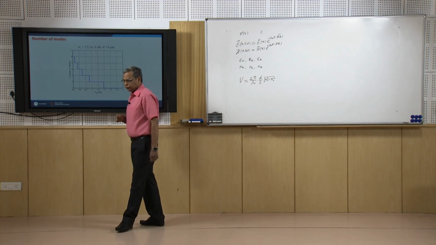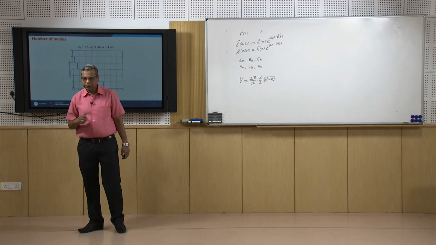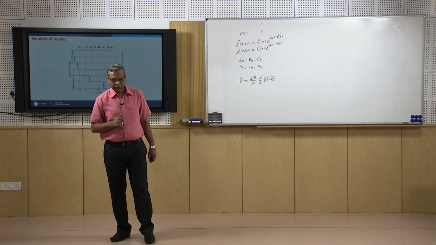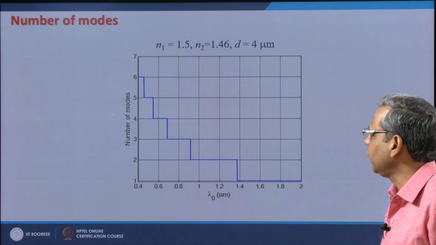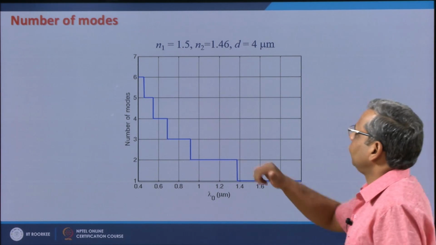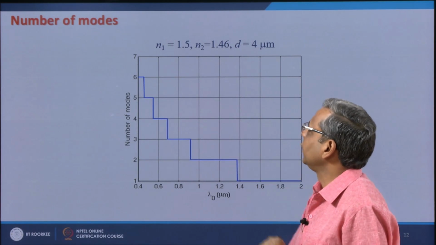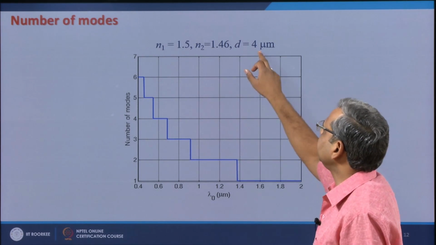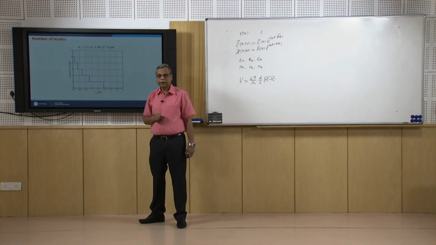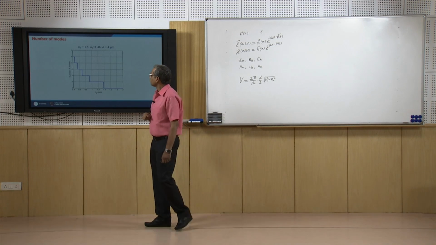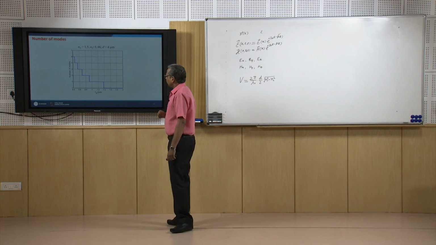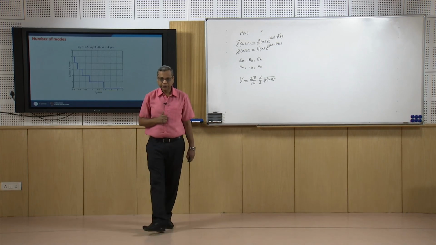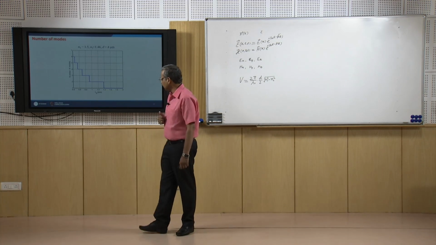I can also find out the number of modes with wavelength. So, if I have a given waveguide, let us say defined by n1 is equal to 1.5, n2 is equal to 1.46 and d is equal to 4 micrometer, then if I change the wavelength, the number of modes will change.